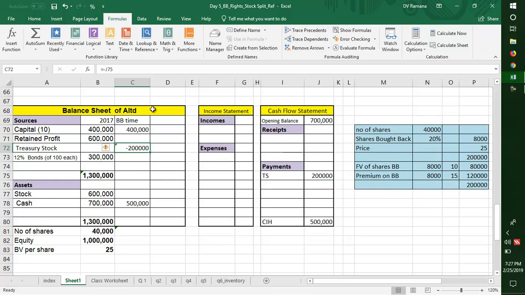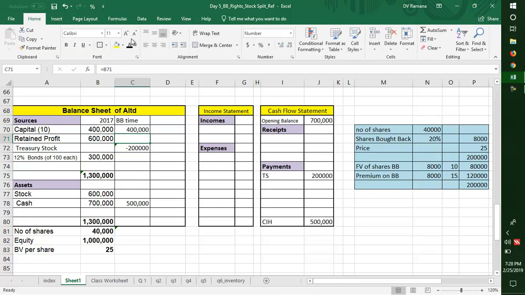Okay? So capital continues to be the same amount, but the treasury stock is shown as a negative equity. No change in the retained profit because nothing has affected the retained profit as of now. No change in the bonds.